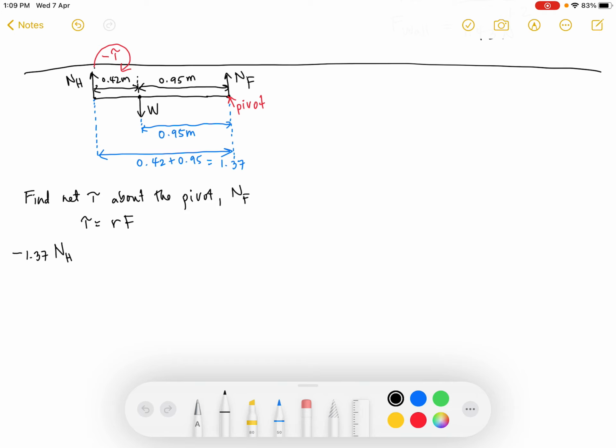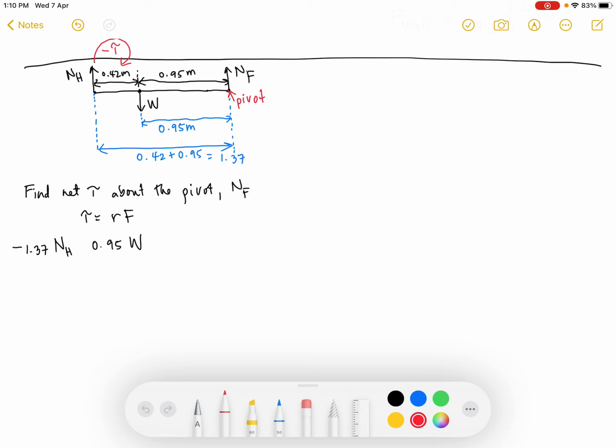Now for the weight force, the torque is equal to lever arm times the force, and the lever arm between the weight force and our chosen pivot point is 0.95 times the force W. Now the weight force is pointing downwards, so if it were to rotate the man about the pivot point, it will rotate it in the anti-clockwise direction, and anti-clockwise rotation means a positive torque.